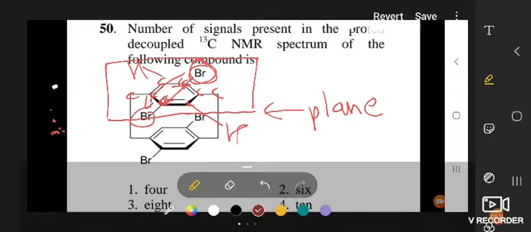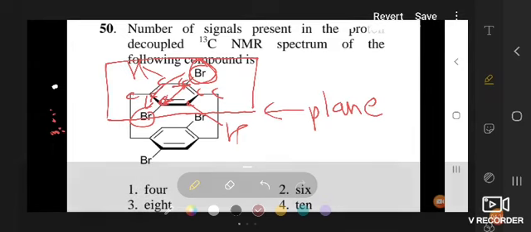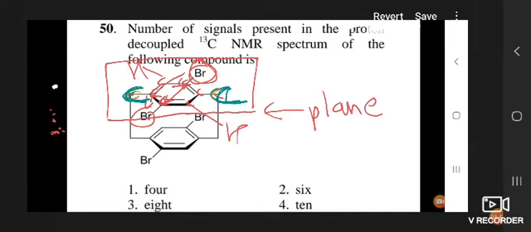That means there is a center of symmetry between the carbons bearing bromine, between the carbons bearing hydrogens, and between the carbons which bear another carbon, shown by this green color carbon. So here how many sets? There are 3 sets of the 6 aromatic carbons.